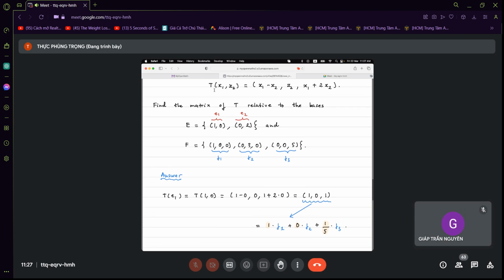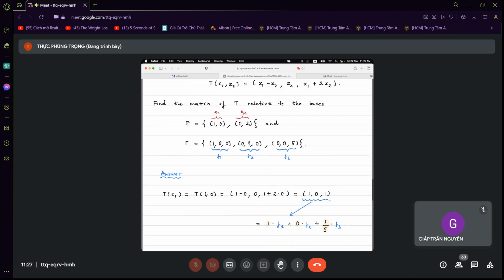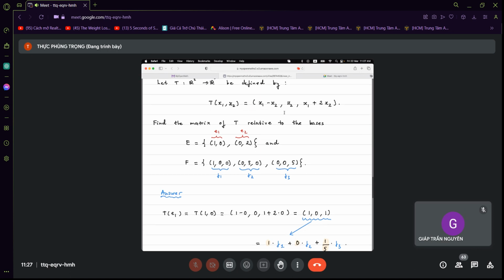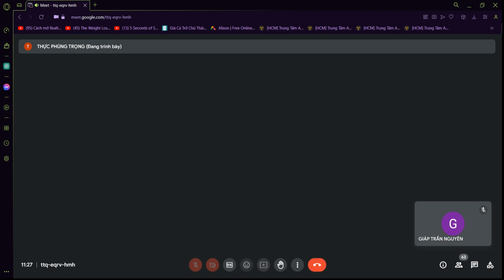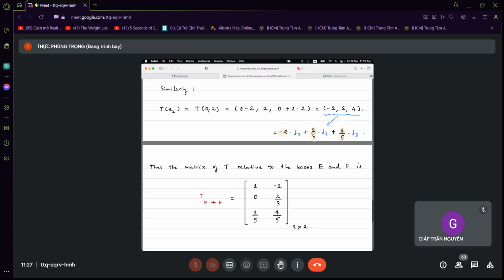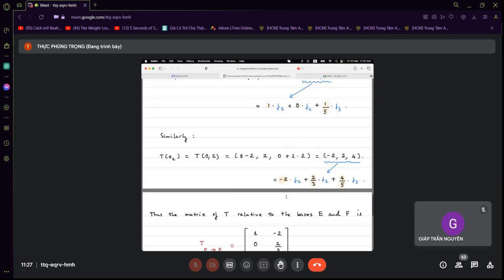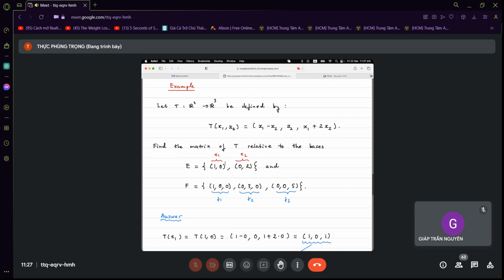You evaluate T of E2 using the formula for T, then you get this vector, and you find the coordinates of T of E2 in the basis F. You get negative 2, 2 over 3, 4 over 5. Put that into the second column. And that's the end because you have only two vectors, E1 and E2, in the domain. So that's the definition.